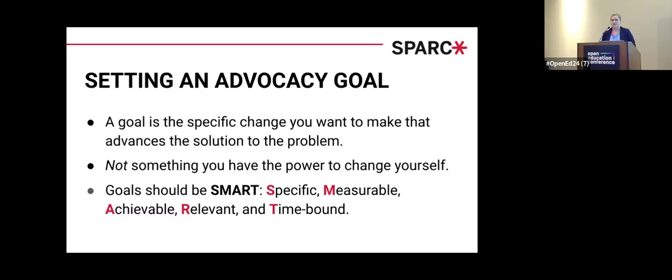If that's the case, that's still great, and you should do those things, but it's not what we define as advocacy per se. You are setting a goal that somebody else will hopefully deliver, something that you can't. So your goals should be SMART: specific, measurable, achievable, relevant, and time-bound.